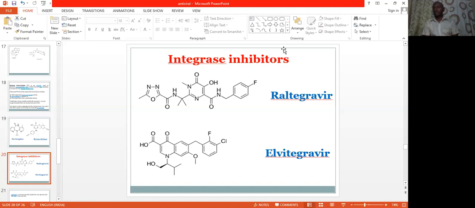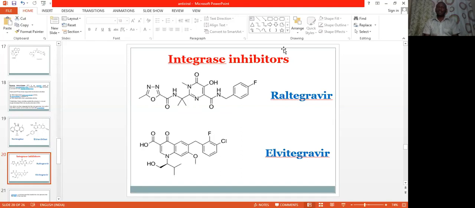Then we have seen uncoating inhibitors. Once the viral genetic material is released into the host cell, then we have seen DNA synthesis, reverse transcriptase working and synthesizing DNA from RNA. And once it is synthesized, what is the next step?